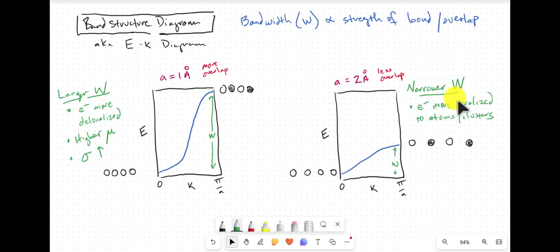The opposite of that is if we have a narrow bandwidth structure, then we have electrons that are much more localized, and in some cases they can be constrained to individual atoms, or spread out a little bit, but not over the whole crystal, just around clusters of atoms. That constrains the mobility because you're pinning those electrons into physical points inside the crystal, so they can't move around as much, which typically means a decreasing trend in the conductivity.